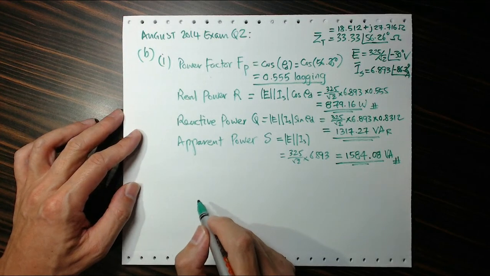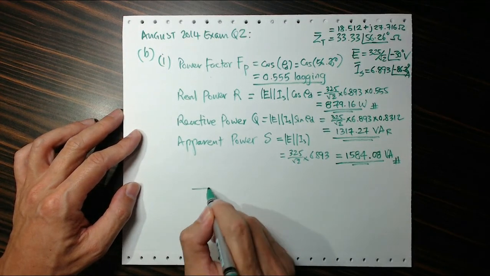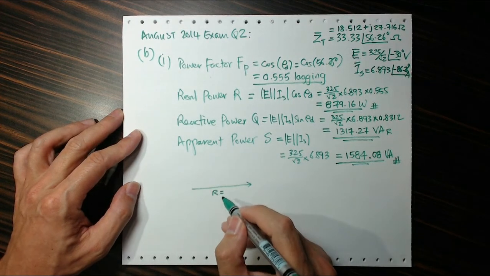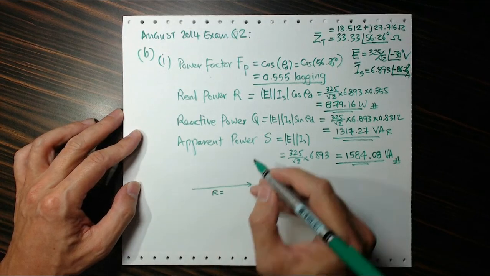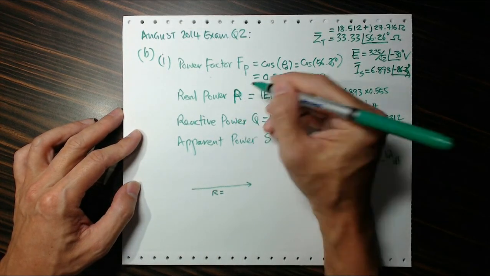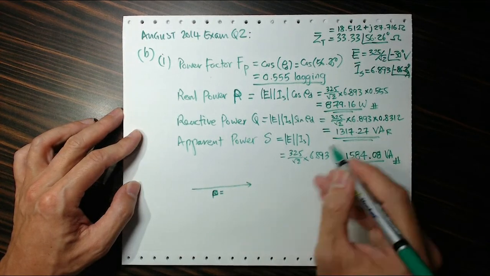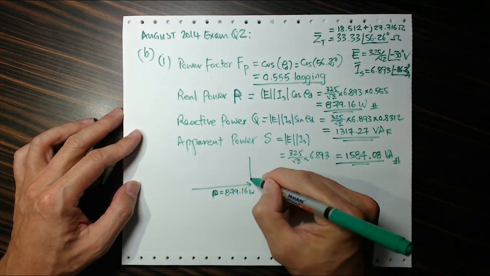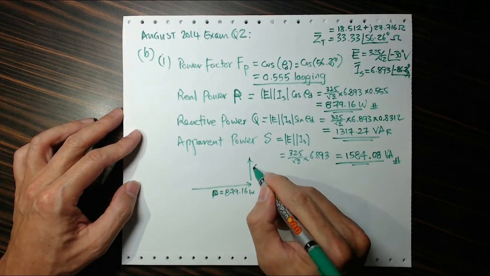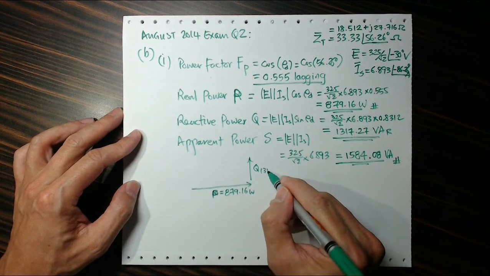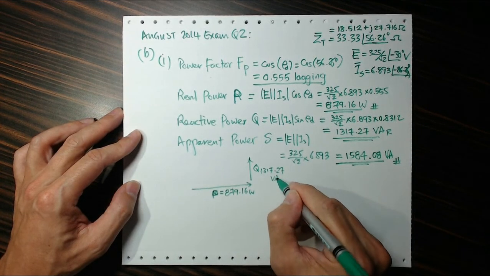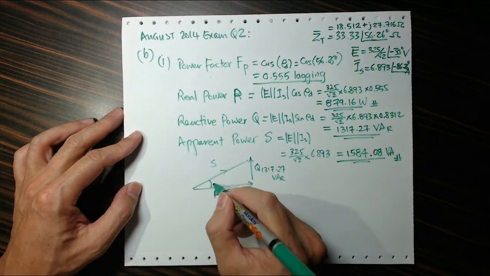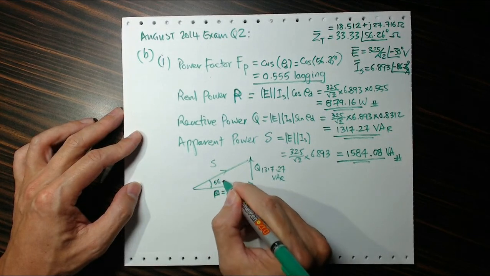The real power, sorry, I should be showing this as P. The real power P is 879.16 watts. The reactive power Q is 1317.27 VAR, and the apparent power is here at the angle of 56.26 degrees.